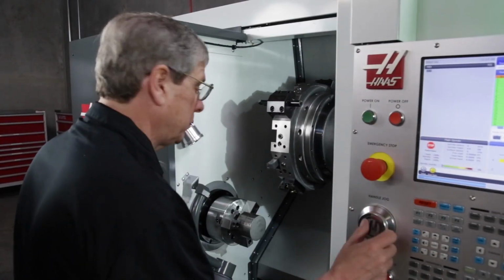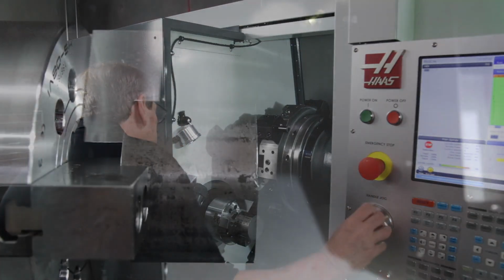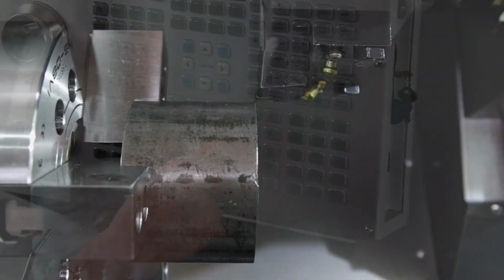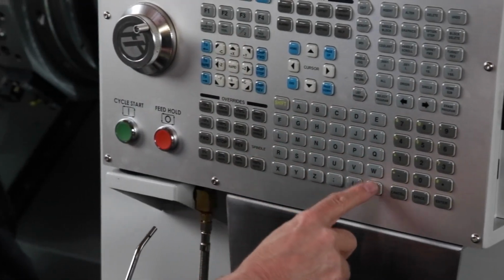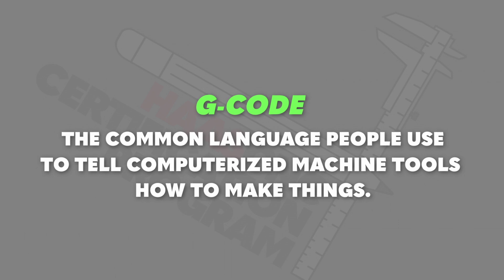So now we have a general idea of how the machine moves and how it knows where the tools and the workpiece are. We need to tell the machine where to move and what to do when it's time to start cutting a part. That's what G-code is all about. G-code is a common language people use to tell computerized machine tools how to make things.